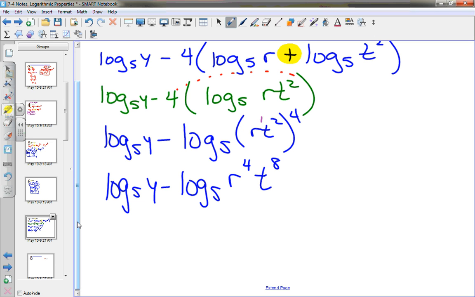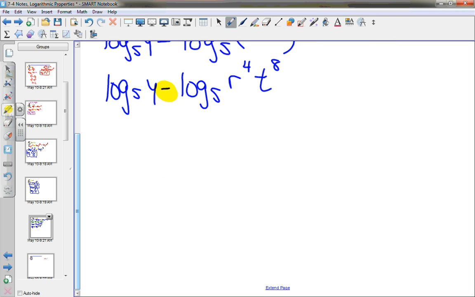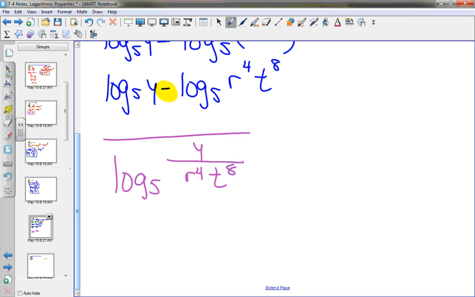Subtraction. In log world, what is subtraction? Division. So this is log, and again, I'm going to write this big, of y divided by r to the 4th, t to the 8th. Do you see what I see? We good?